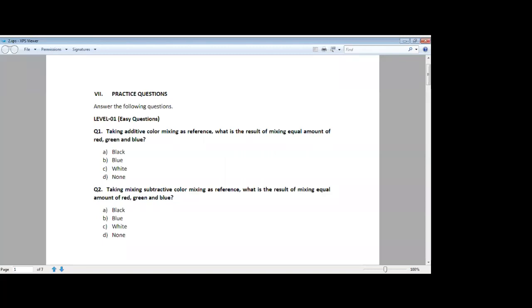What exactly is that? Can you write it in the chat box? What happens when we mix all the colors with each other? White. So B6 very rightly mentioned white. B6, do you know where you were going wrong?